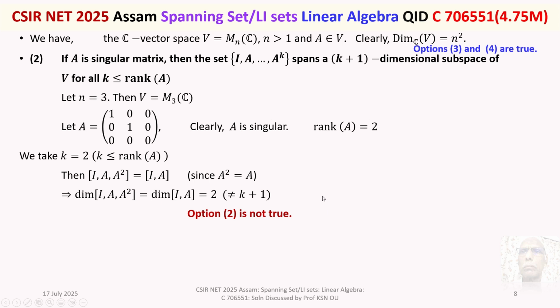So, summarizing all the options, the true options, and the answer to this question, are options 3 and 4. That is the detailed discussion of this question from the section Linear Algebra, which is related to the concepts and the results related to spanning sets and linearly independent sets.